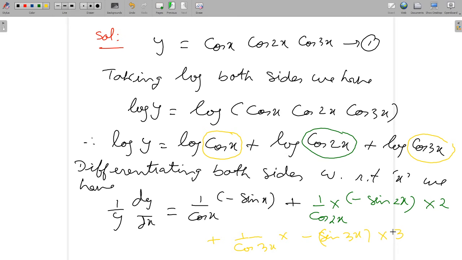So if you want, we can write this minus sin x by cos x as minus tan x, minus sin 2x by cos 2x as minus tan 2x, and minus sin 3x over cos 3x as minus tan 3x.